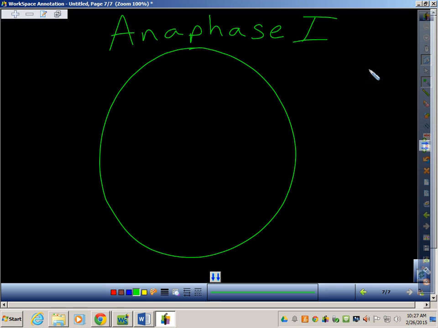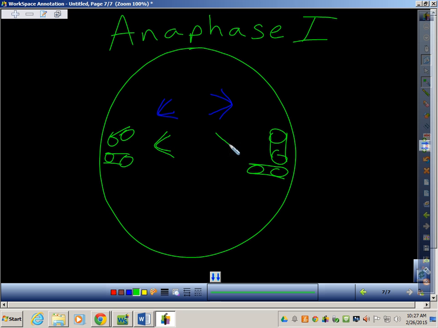So anaphase 1, we still have our centrosomes, which are 2 centrioles. We know that. On both sides of the cell, there is a chromosome getting pulled each way, which has 2 chromatids.